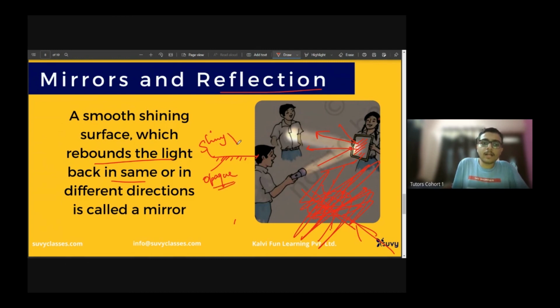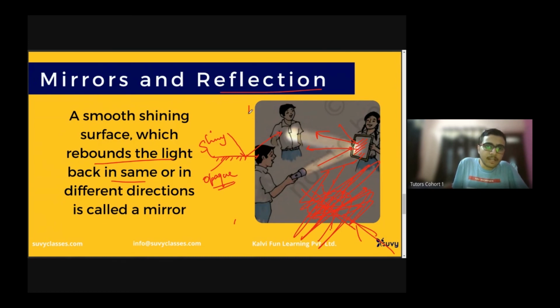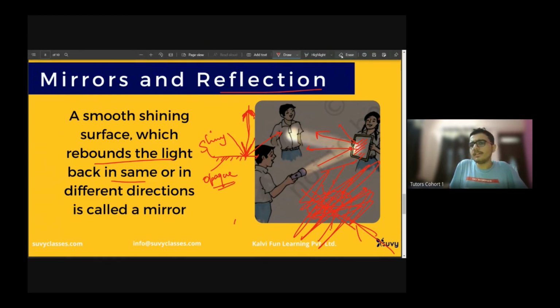The light will come, fall on this mirror, and go in this direction. If it comes in this direction, just normally, perpendicularly, it will go back in the same direction. So isn't it easy? Yes, sir. Yeah, it is very easy.